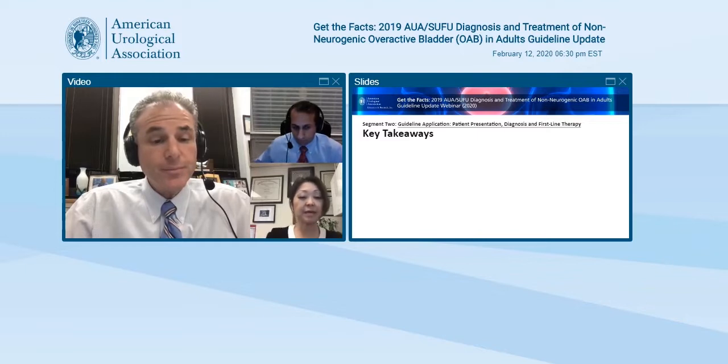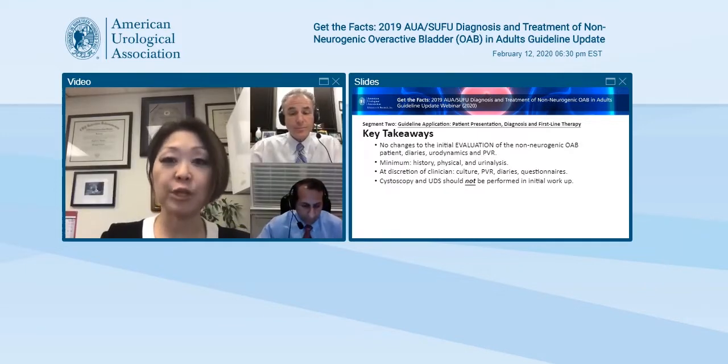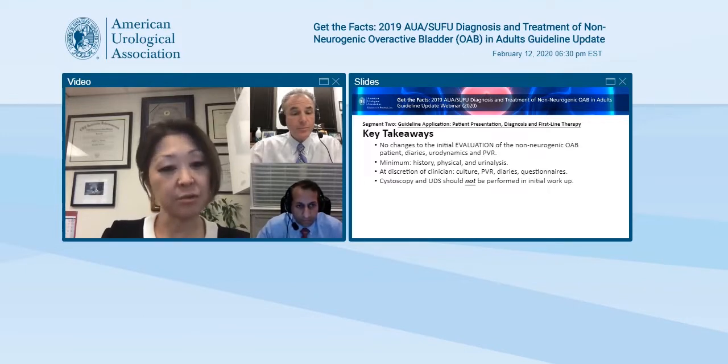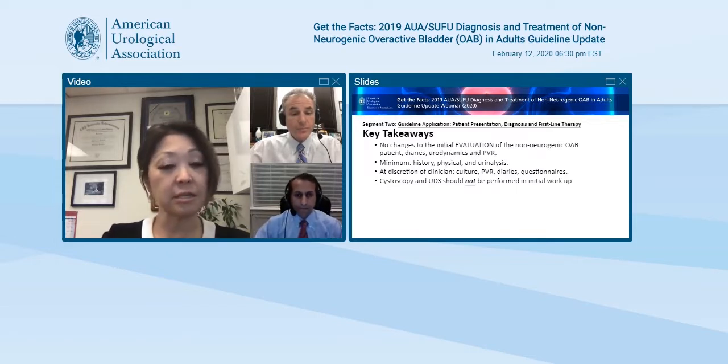So in the updated guidelines, there were actually no specific changes to the evaluation of the index patient. So the minimum workup is actually a good history and physical examination, and a urinalysis, and that's it. That's the minimum workup that's necessary. Further to that, for instance, post-void residual analysis, sending the urine for culture, the utilization of any diaries or questionnaires is really at the discretion of the clinician.